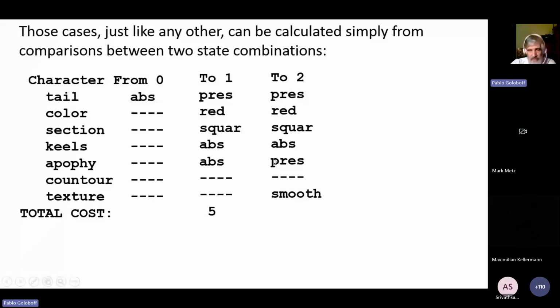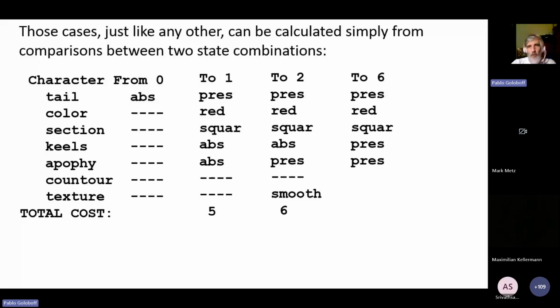The keels are absent, the apophysis is present, therefore you have the condition in the texture of the apophysis. If that originates in two separate parts of the tree, that smoothness is not going to be attributed to a homology. So that's one more case of homoplasy, and the cost for that is 6 if you really want to keep track of the homoplasy of the different reconstructions.